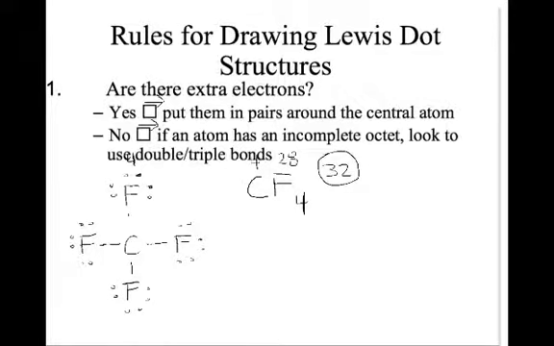So if we look at this fluorine, it has 8 electrons. It has what are known as lone pairs. It has 3 lone pairs, so a lone pair is 2 electrons, and then it has a bond, which represents 2 electrons. This fluorine also has 8 electrons, as does this fluorine and this one. And the carbon, which is the central atom, also has 8 electrons, so it is stable as well.